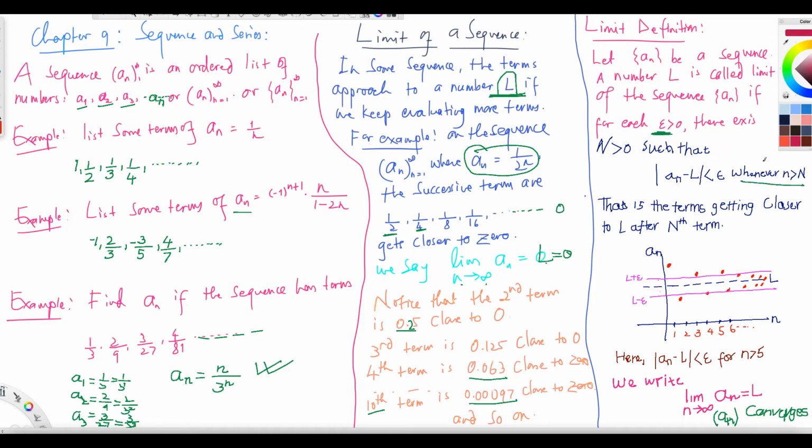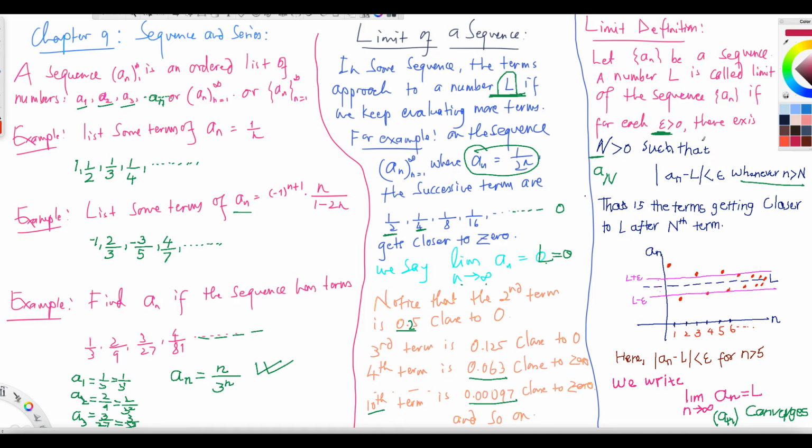What does that mean? That means if you pick the terms after the capital N-th term, all the terms after that will be within epsilon distance from L. You see that? The terms are getting closer to L after the N-th term. How much closer? Epsilon closer.